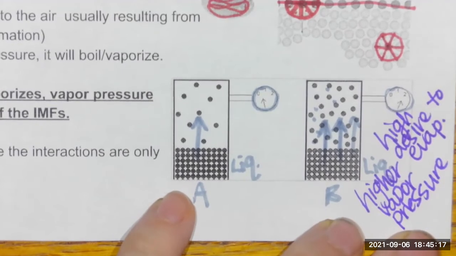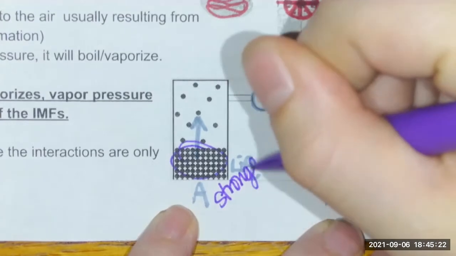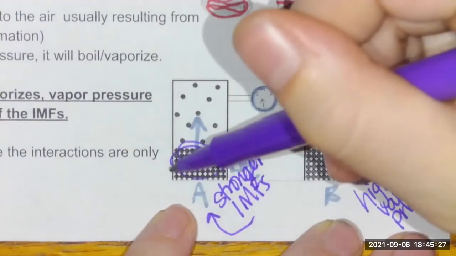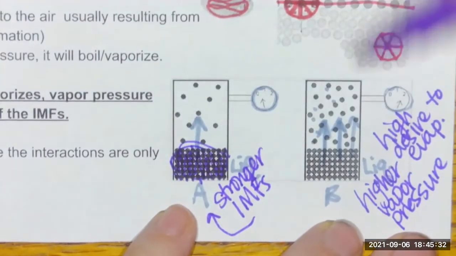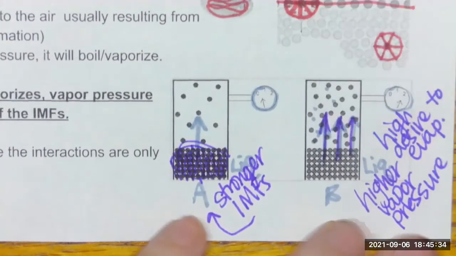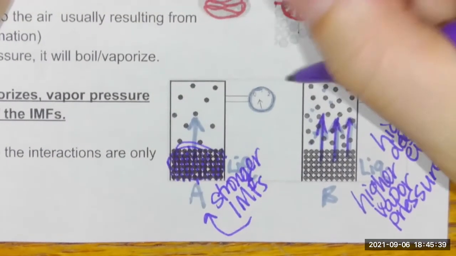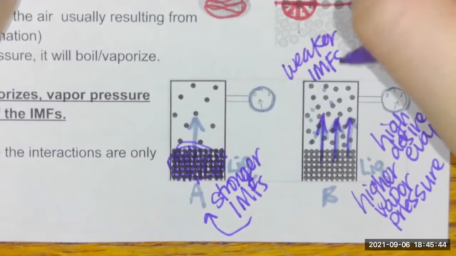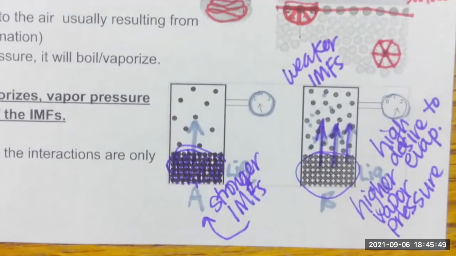Why does it want to evaporate so bad? If it had stronger IMFs like this one, if the IMFs were doing their job and keeping the liquid together, it wouldn't want to leave so bad. And that's the deal, right? So this one must have weaker IMFs because it wouldn't be leaving the liquid state if the IMFs were holding it together better.